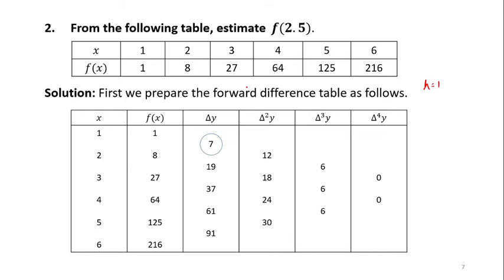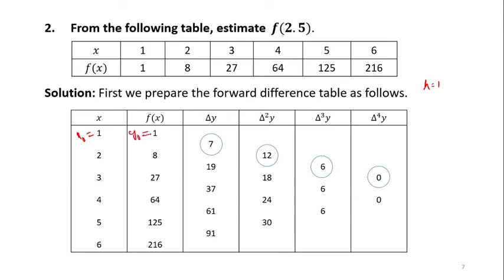So, here delta of y naught is 7, delta square of y naught is 12, delta cube of y naught is 6 and delta power 4 of y naught is 0. And the first entry of x is x naught. So, x naught is 1 here and the corresponding value is y naught.